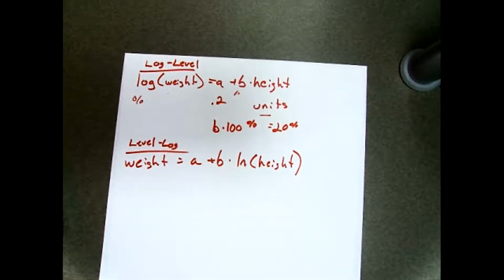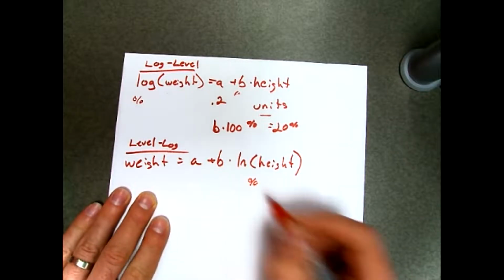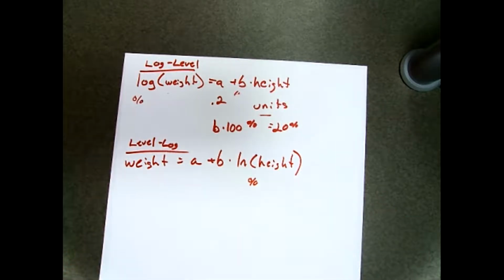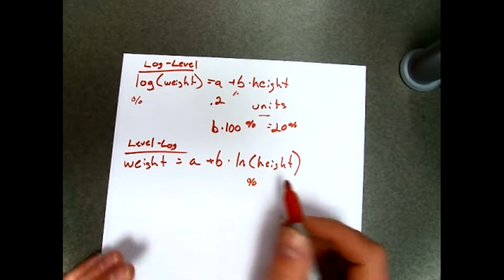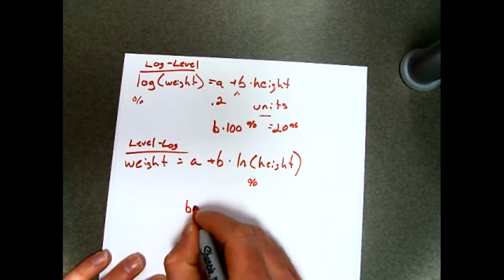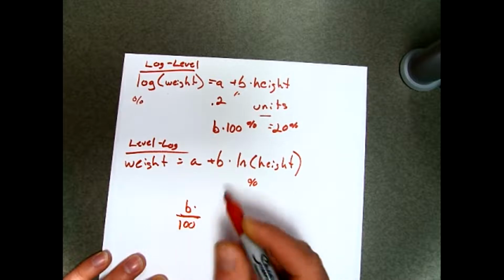I multiply by 100. When I have a level-log, I took the log of my x variable, so that's my percent, right? Log is when we were dealing with percentages. So now it's if height goes up by 1%, the expected change in weight would be not multiplied by, but divided by 100, right?